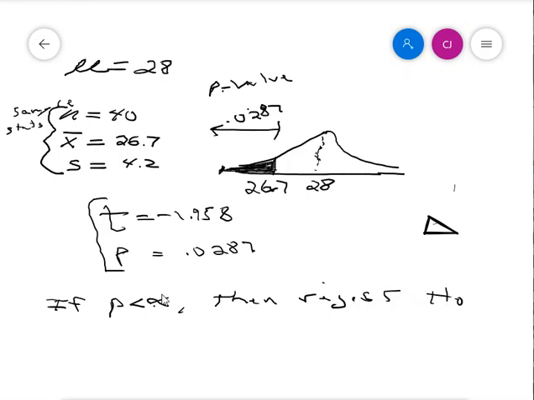All right, what does that mean? Well, if P is less than alpha, so let's say P is 0.0287. If P is less than, and I'm going to put in 0.05. Okay, why? Where did I get 0.05?